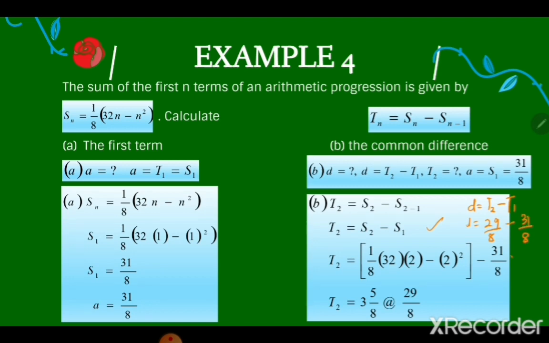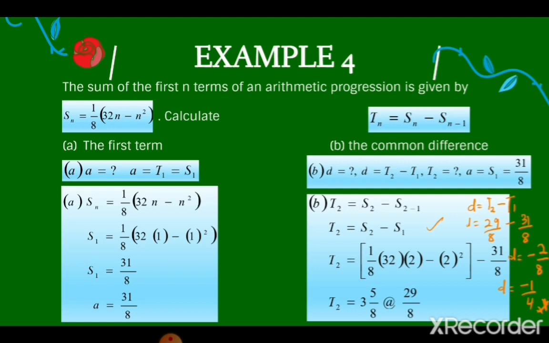So we will have d is negative 2 over 8, or d is negative 1 over 4. So this is your final answer: d is equal to negative 1 over 4.